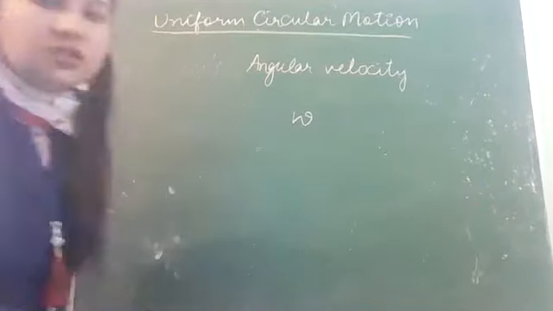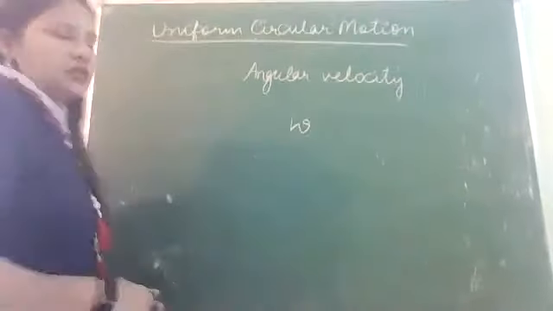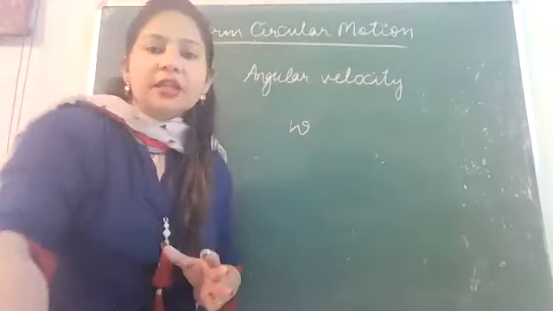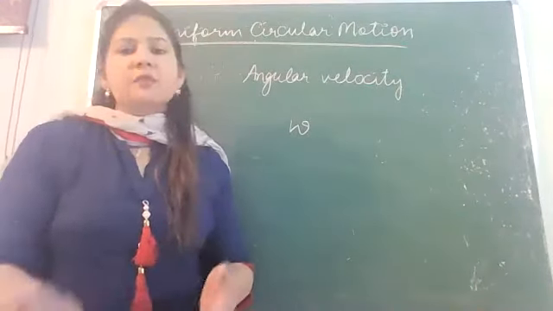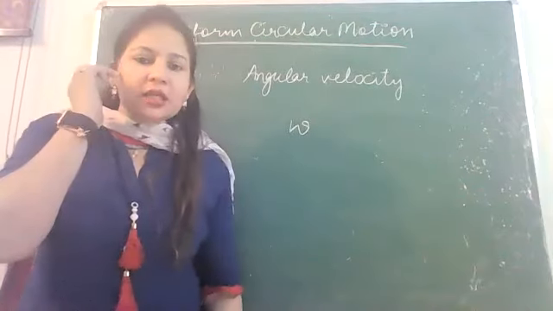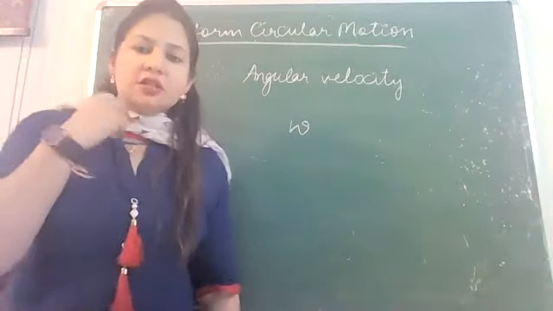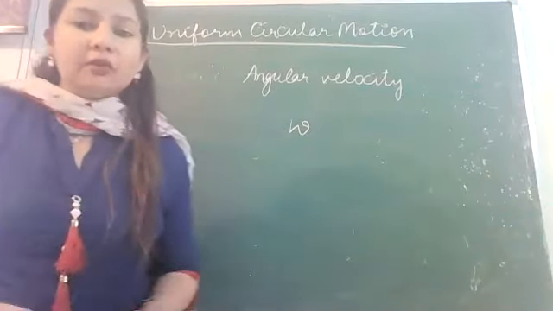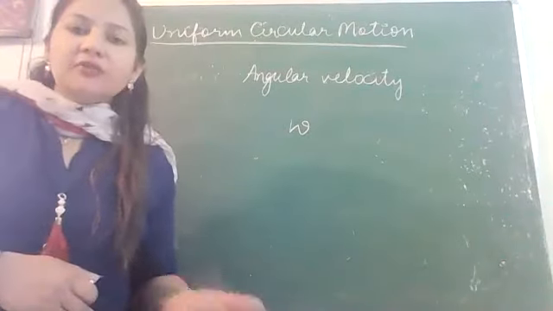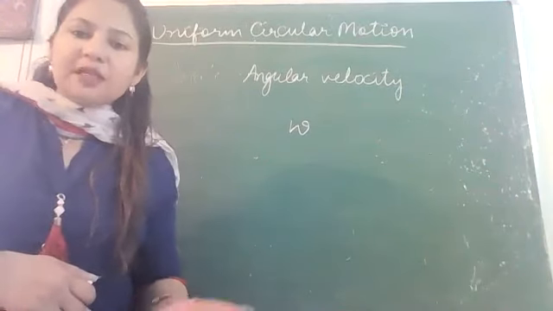So angular velocity. Like, what is velocity? Displacement over time. So what will angular velocity be? Angular displacement over time. Very simple. Okay? So write down the definition of angular velocity. It is the rate of change of angular displacement. We said the rate of change of displacement is velocity.